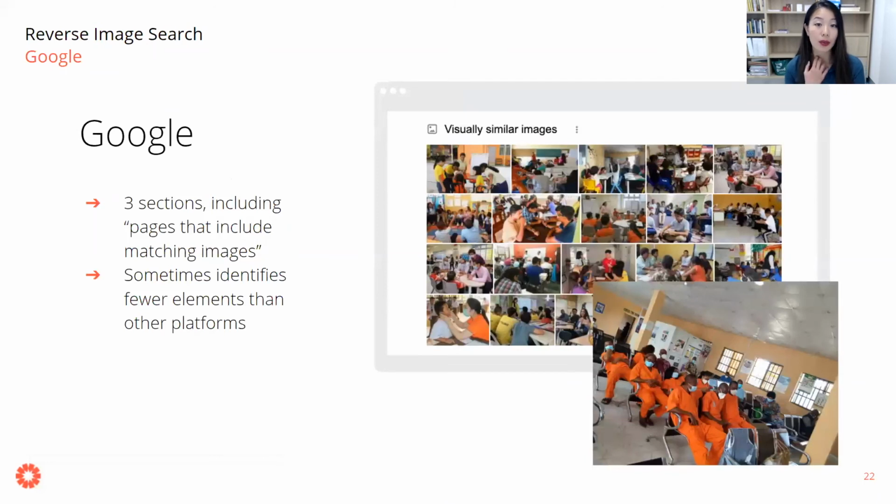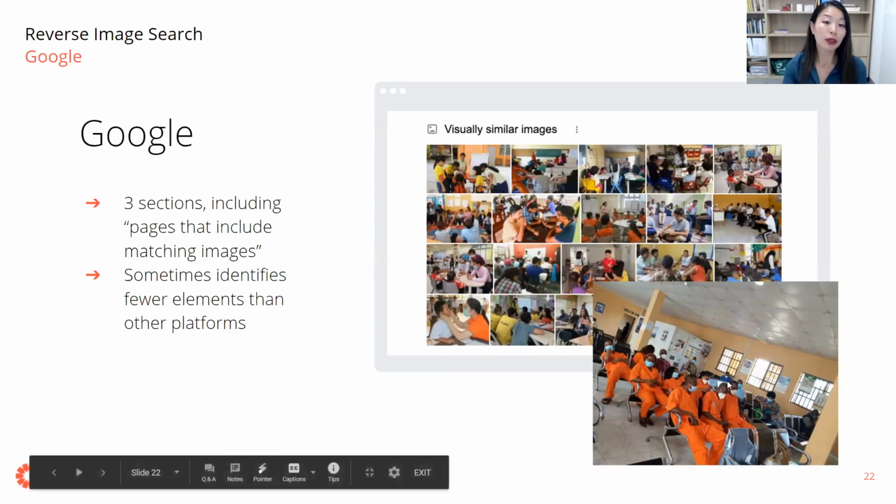So Google is a very powerful search engine, but there are reasons to branch out and try other different tools. And one of the reasons is that, ironically, as Google's AI is becoming better, the exactness of their reverse image search has actually become not as good as before, because Google is trying to predict what you're looking for instead of giving you an exact image search, right?